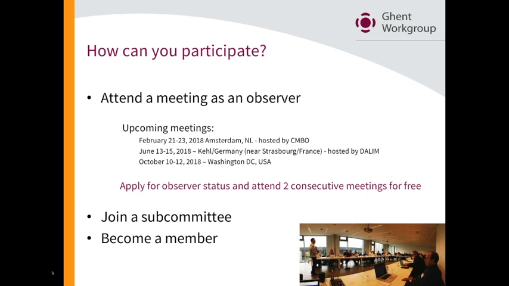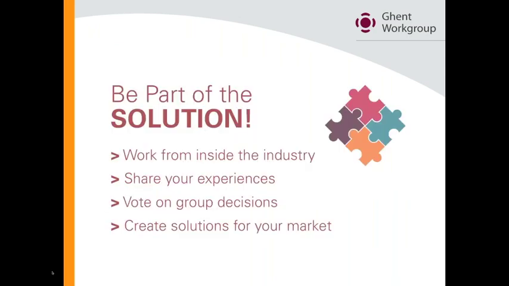You could join subcommittees. We have a lot of different subcommittees that focus on packaging or color or process control. We have a lot that we're doing, and we're doing it all in parallel. So there's a lot of work that's going on. So you can become a member or not, or just get involved.